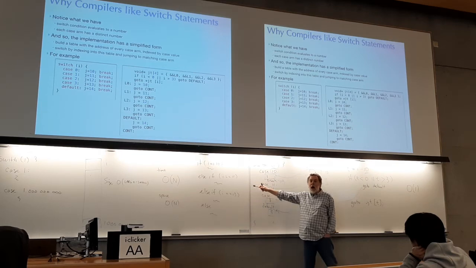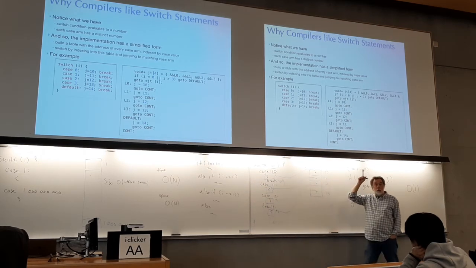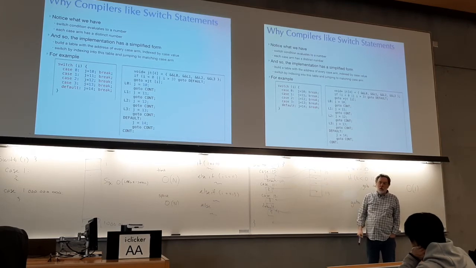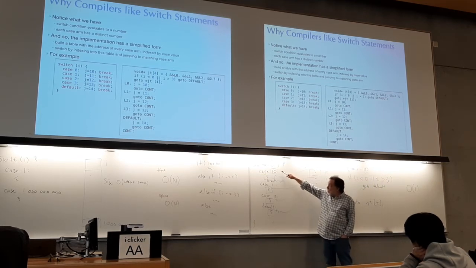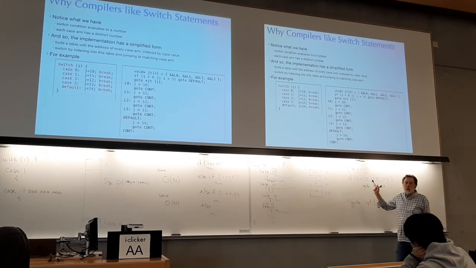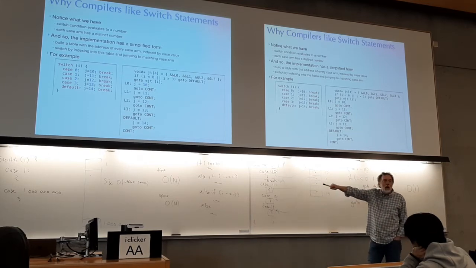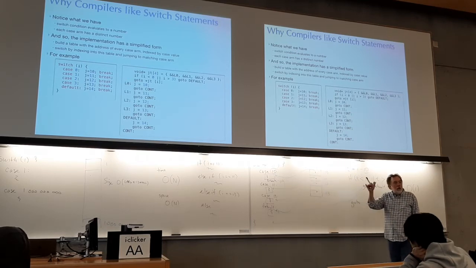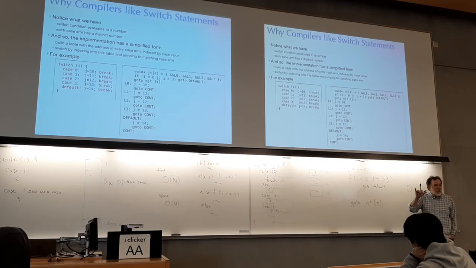You only get a benefit of O(1) versus O(n) where n is big, so if n is small, it doesn't matter. If n is reasonably large and the case labels are densely packed, it's quite obvious to use this one. And of course, in the case where they're very, very sparsely packed, it's obvious you use the if statement. But there's a place in between where it is not so obvious.